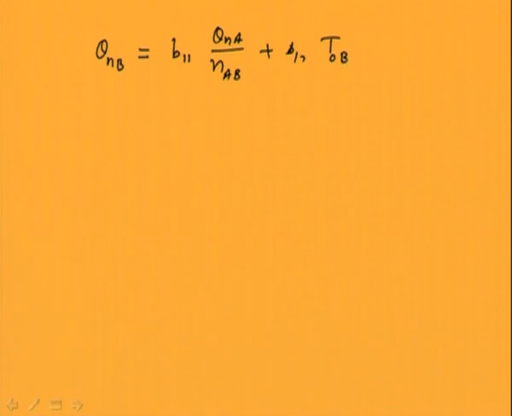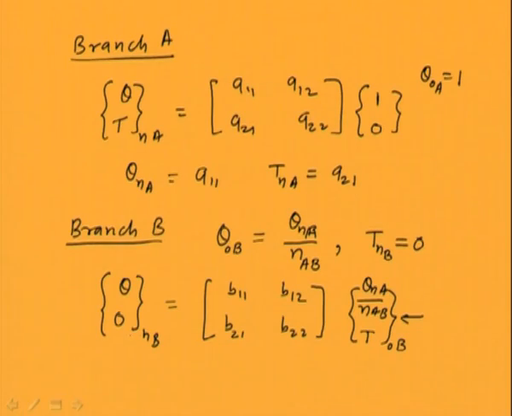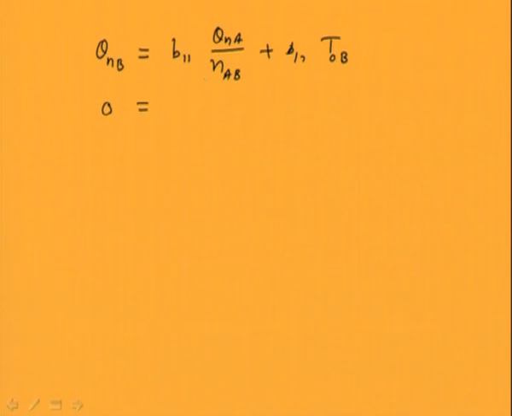And the second equation of the previous expression will give us B21 theta NA by NAB, then B22 T B naught.